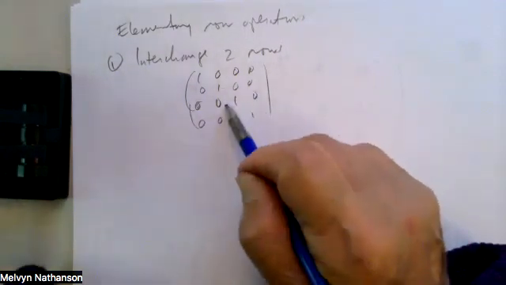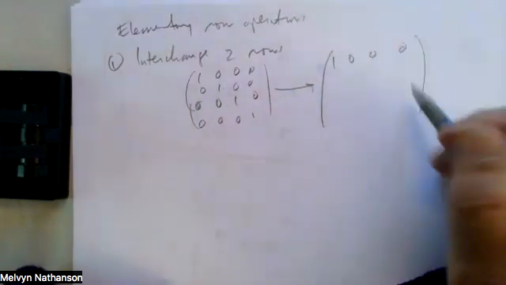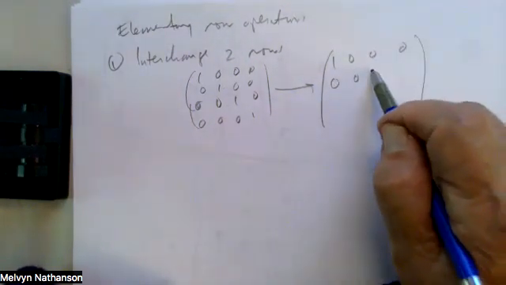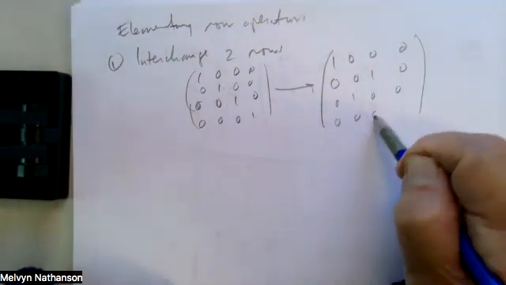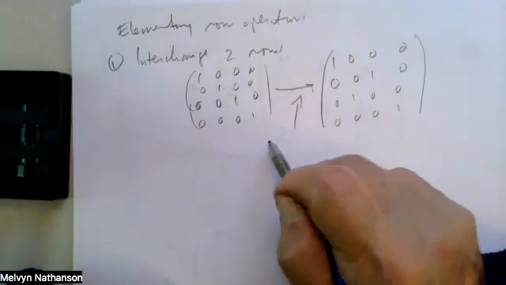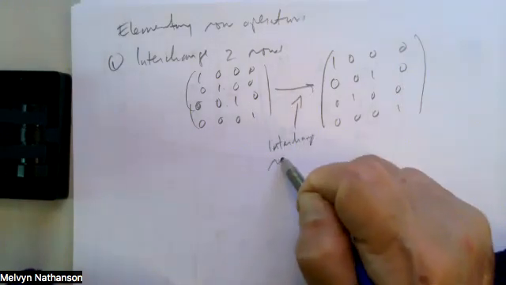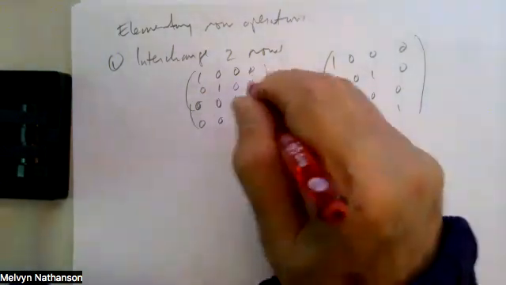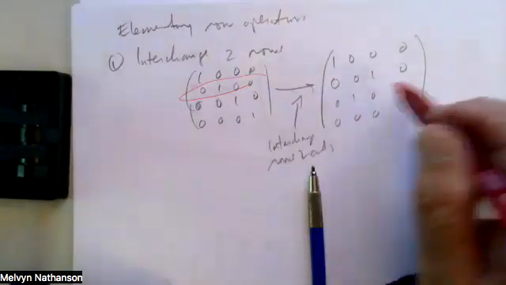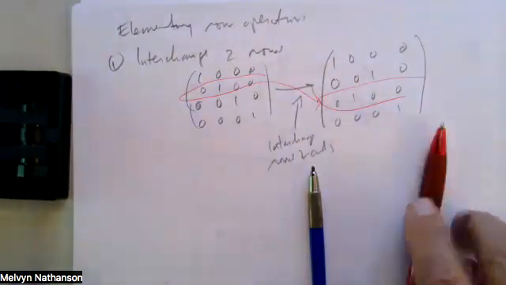Suppose I interchange rows 2 and 3. So what I did here is I interchange rows 2 and 3. Here's row 2. In the new matrix, it becomes row 3.